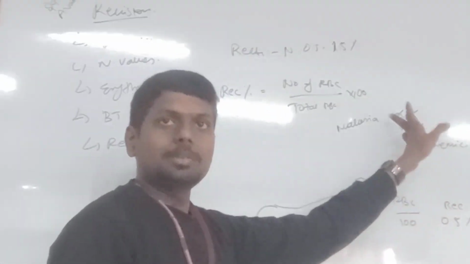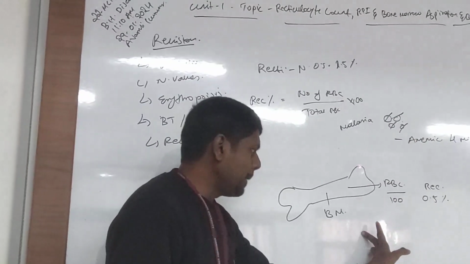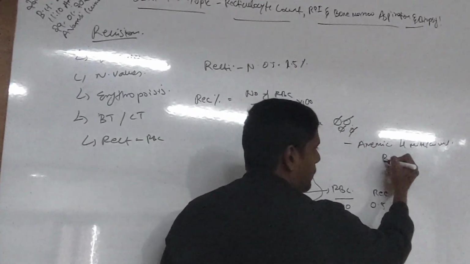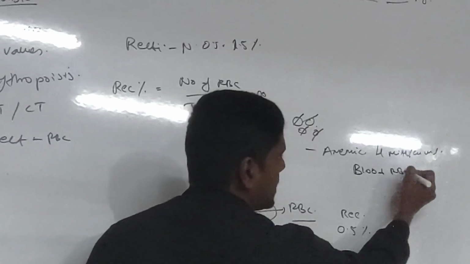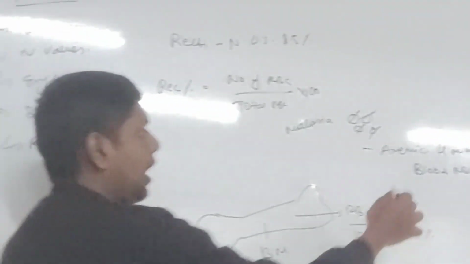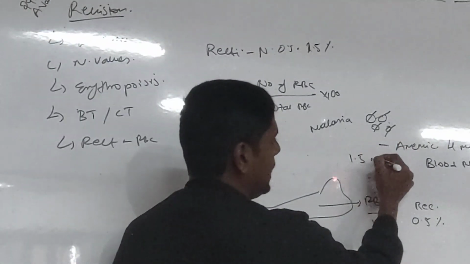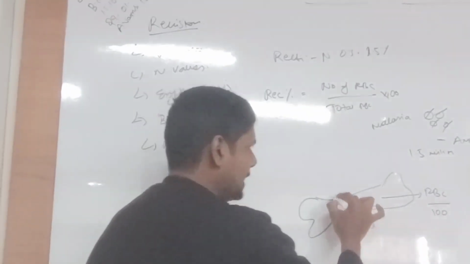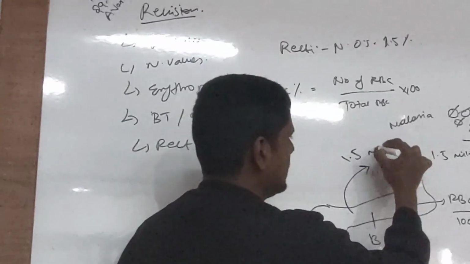Then what will the bone marrow do now? The blood RBC count has been reduced. How much is the gap? 1.5 million cells have been destroyed. Now the bone marrow will replace those 1.5 million cells.